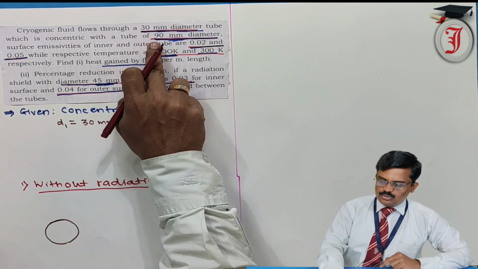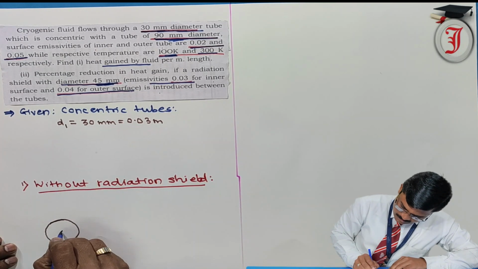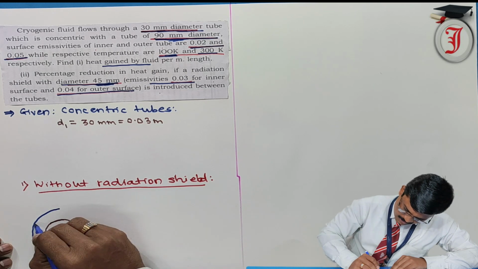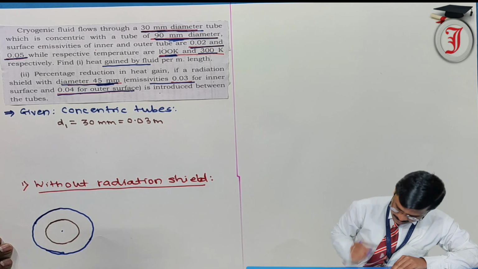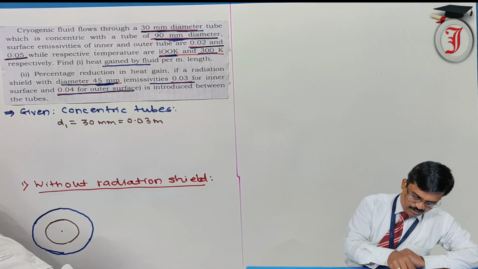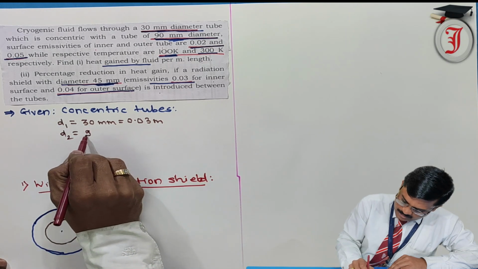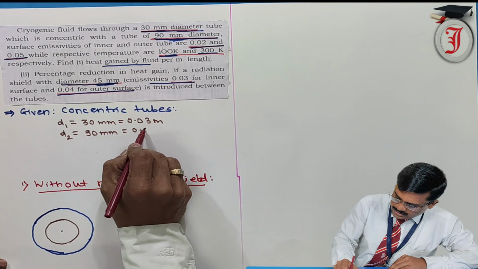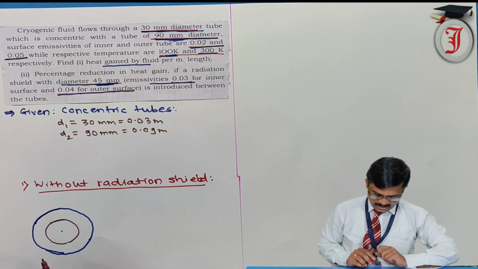Then another tube, concentric with this tube, has a diameter of 90 mm. So let us consider D2 equal to 90 mm, that is equal to 0.09 meter. And surface emissivities are given.